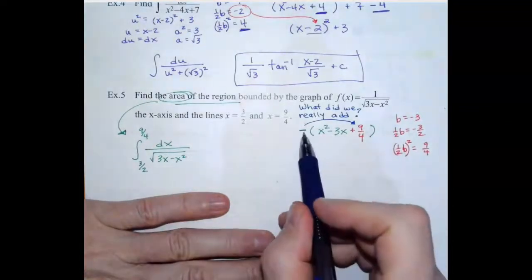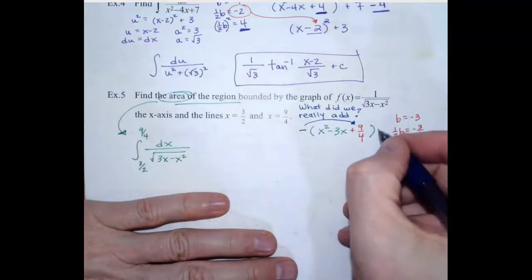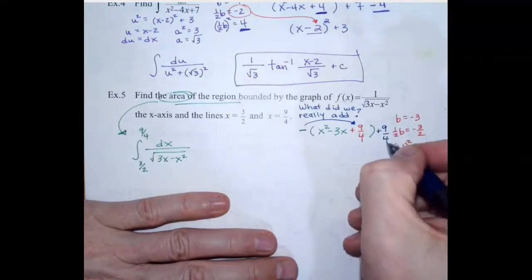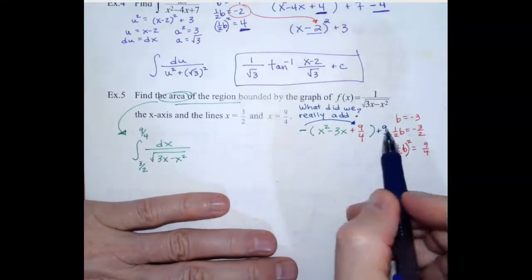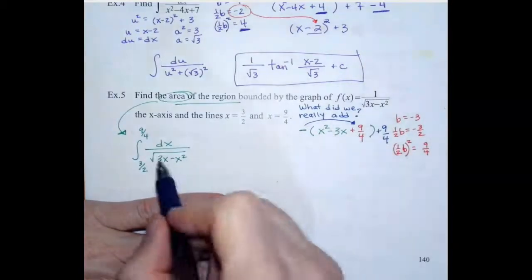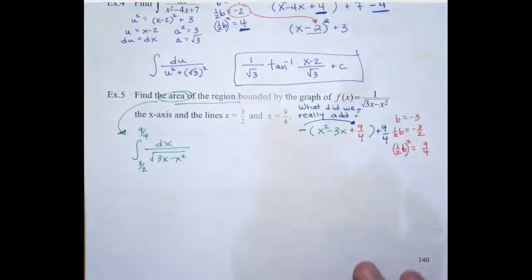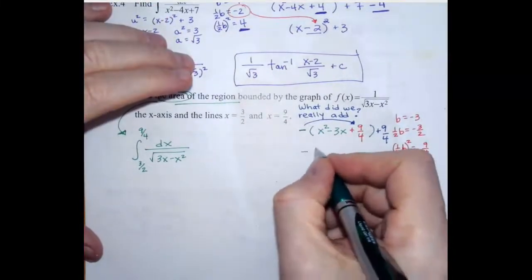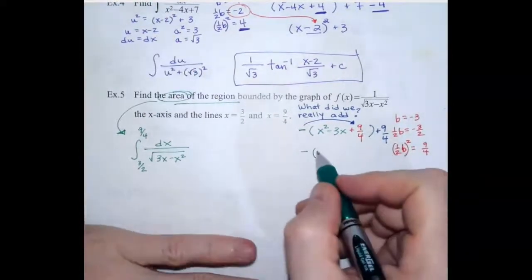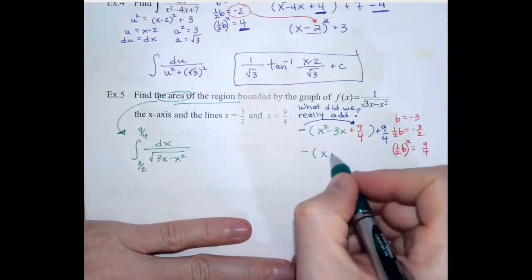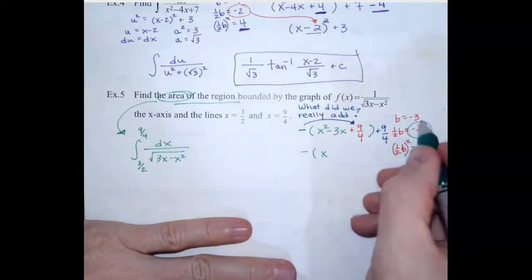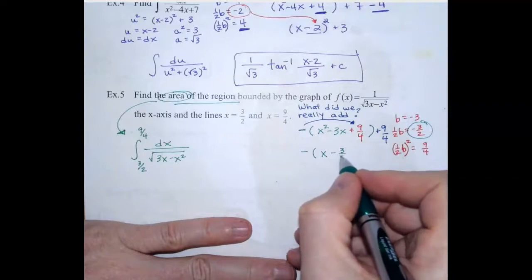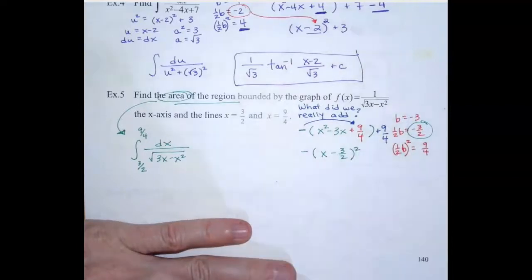So how do I cancel out negative 9/4? I need to add 9/4. Negative 9/4 plus 9/4 is 0, which would get us back to where we need it to be. Okay, now we're going to factor that, and that's going to be x, and remember it's whatever this is, so it's going to be x minus 3/2 squared.